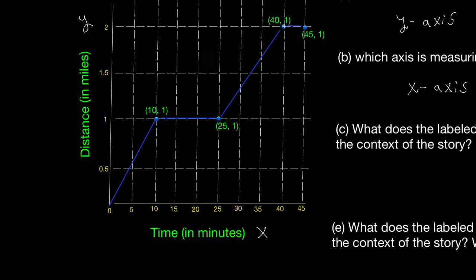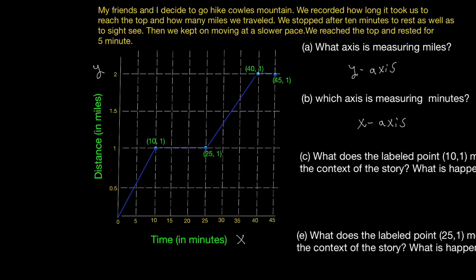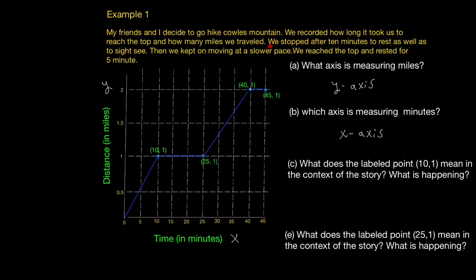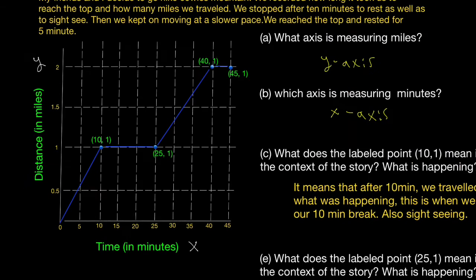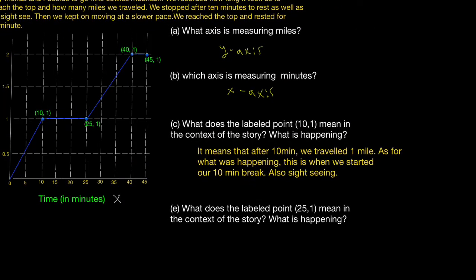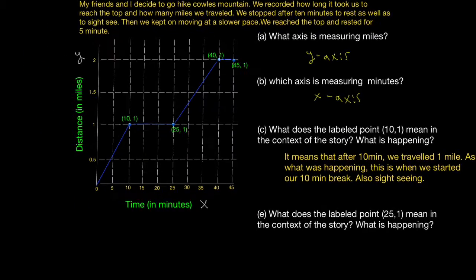Based on the context, this is where we first stopped, before we started to strive towards the top of the mountain. Here's the answer for part C: it means that after 10 minutes, we traveled 1 mile. As for what was happening, this is when we started our 10-minute break, when we began to sightsee.